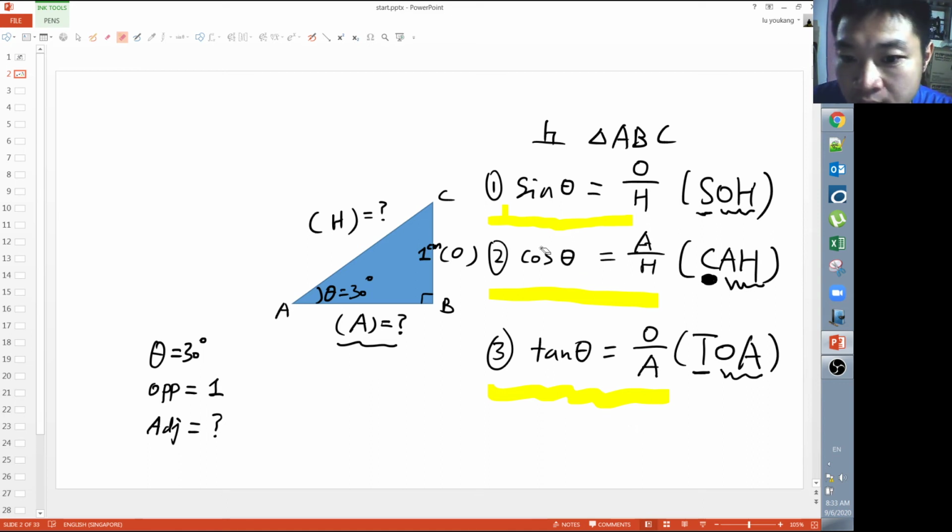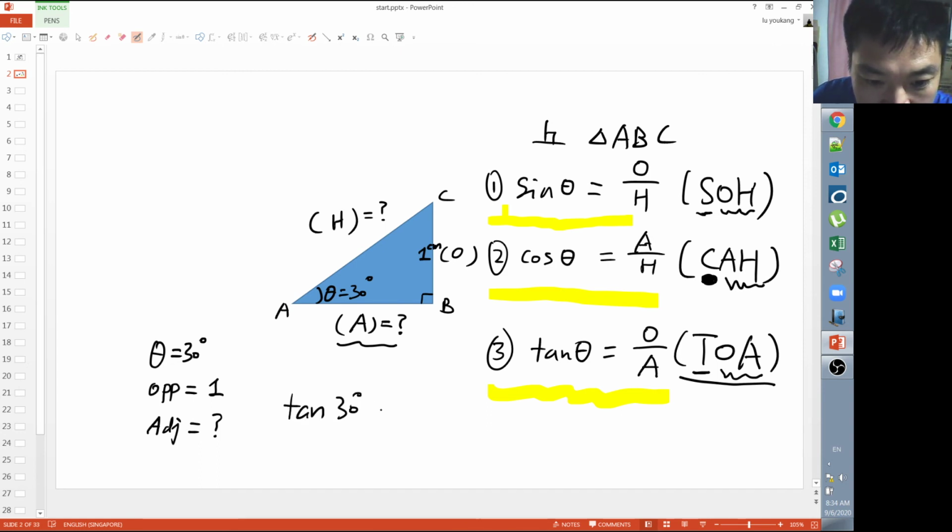You can pick rule 2 or 3, but for rule number 2, you need to make use of your hypotenuse. Over here you need to make use of your opposite. You have your opposite here, so clearly you're supposed to use rule number 3.